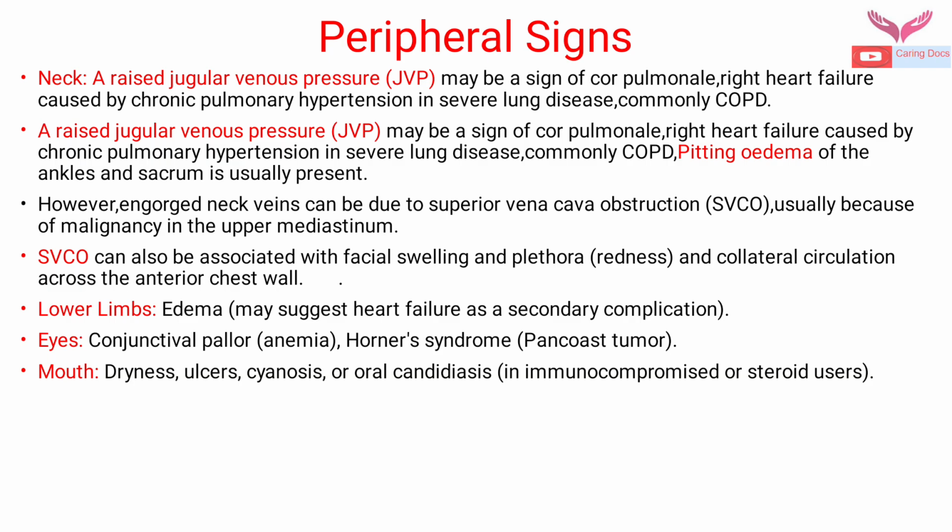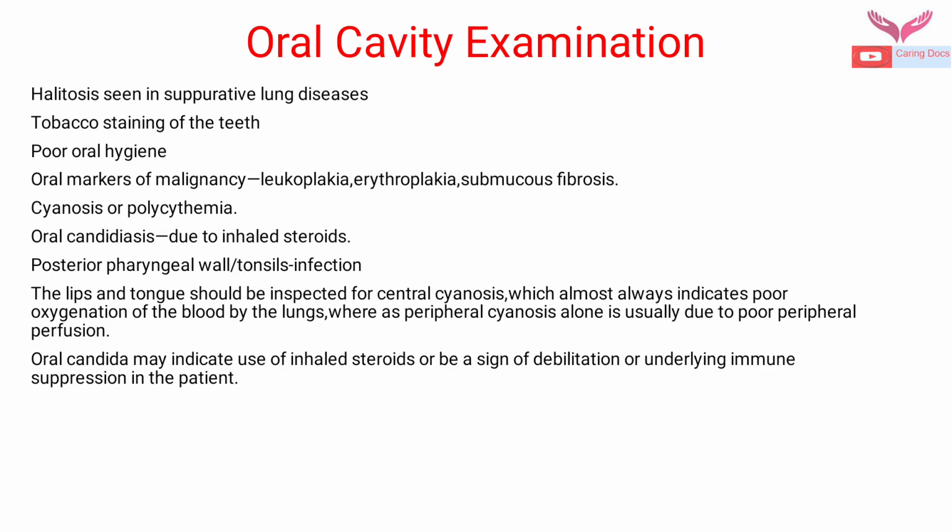In the mouth, look for dryness, ulcer, cyanosis, oral candidiasis, especially in patients who are immunocompromised or on long-term steroid use. So cavity examination will include halitosis, which is very common in suppurative lung disease, tobacco staining of the teeth, poor oral hygiene, oral markers of malignancy like leukoplakia, erythroplakia, submucous fibrosis, cyanosis or polycythemia, oral candidiasis due to inhaled steroids, posterior pharyngeal wall or tonsil may show infection.